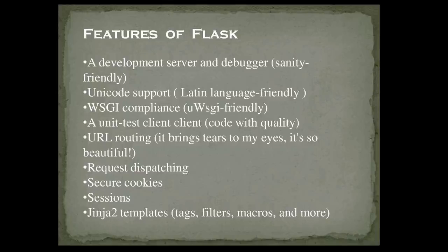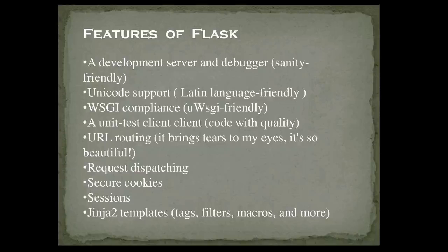When we click on about us, it will give some address in the address bar. So address is like this: www.vivekanandcollege.org/about us. So this is the URL. Someone says that the URL routing in Flask, it brings tears to my eyes. So URL routing in Flask is very beautiful.